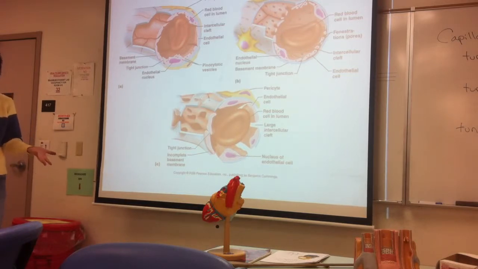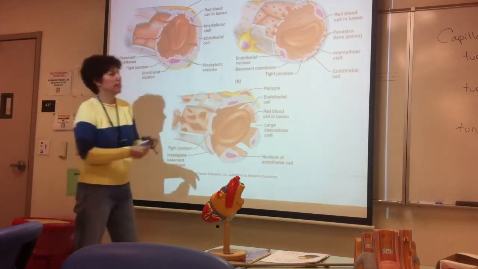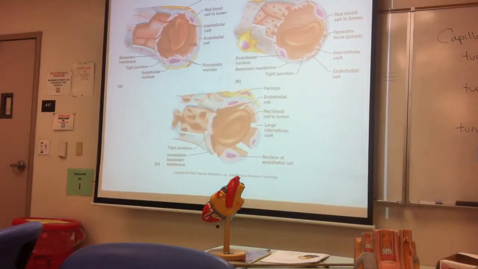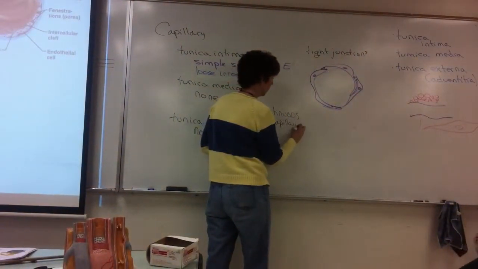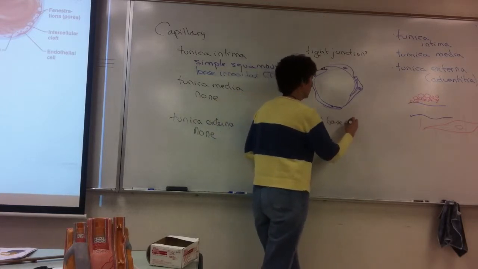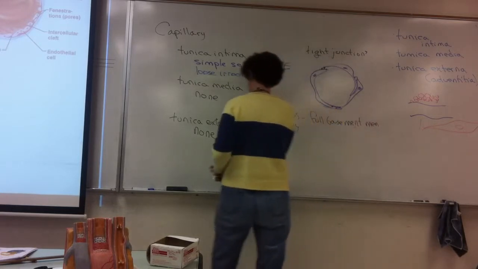It's one of the characteristics of epithelia. And so if there's a full basement membrane present, it's identified as a continuous capillary. Full or complete basement membrane.